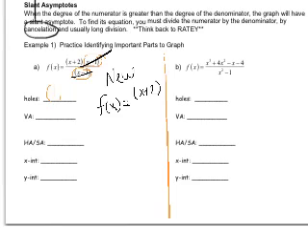But if it helps you to write over 1, go for it. Okay, so I need the corresponding y value right here. So using this x of 1, I'm going to plug it in. 1 add 2 is 3. And so that's the corresponding y value. So this function would have a hole, an open circle at (1, 3).